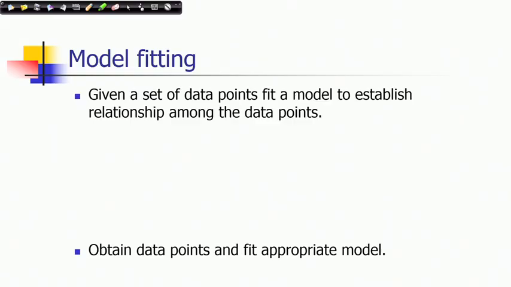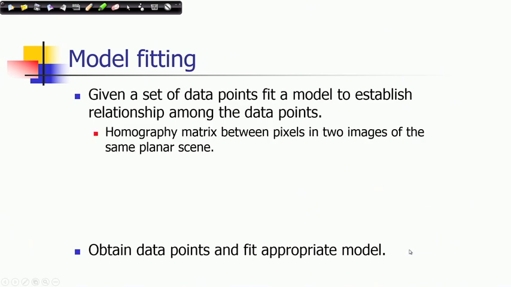In the last few lectures, we discussed how we can obtain these data points by detecting feature points and then matching them in multiple views in different images. We can establish correspondences, and there are various problems in which these correspondences are required for fitting a model.